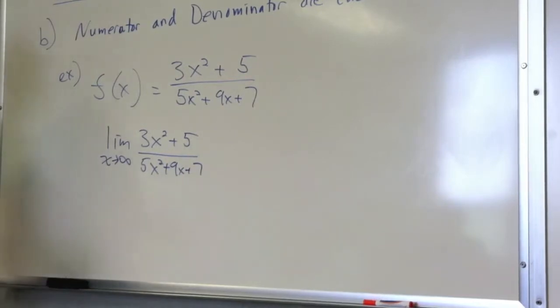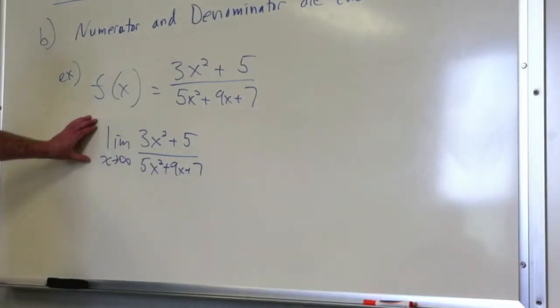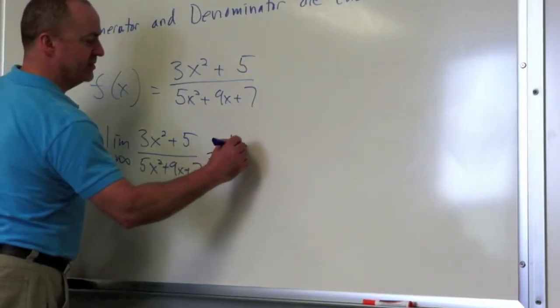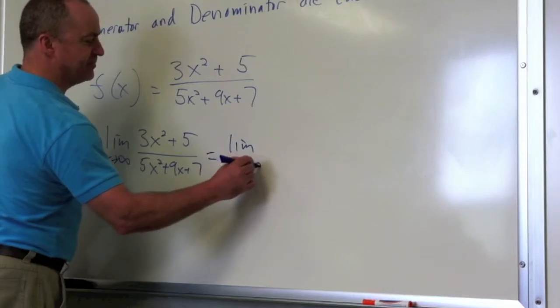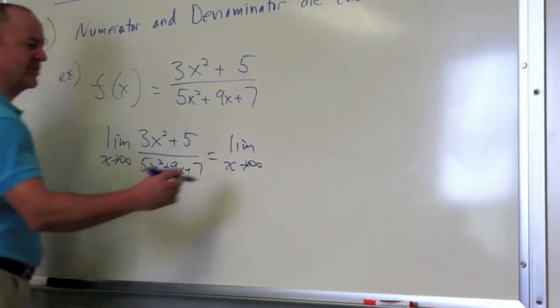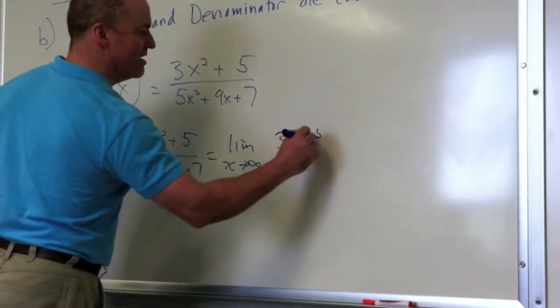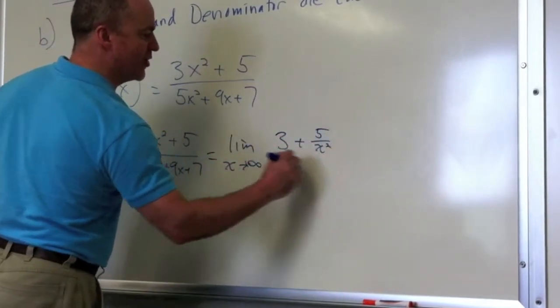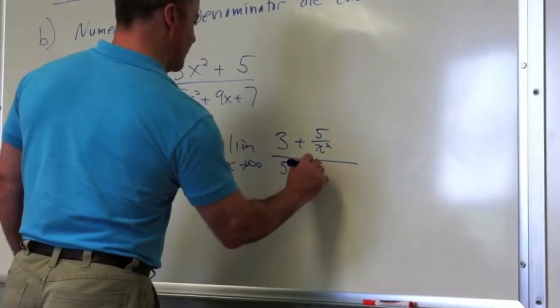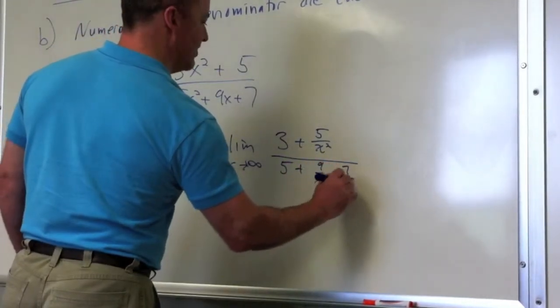Now in this case, I am going to find this limit. What I'm going to do is multiply top and bottom by 1 over x squared. So that'll get me 3 plus 5 over x squared over 5 plus 9 over x plus 7 over x squared.